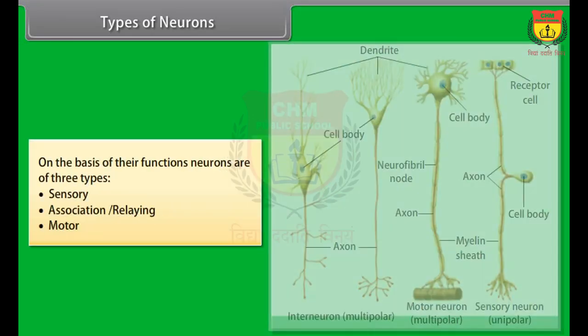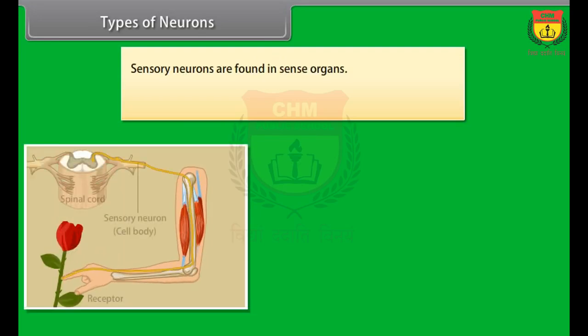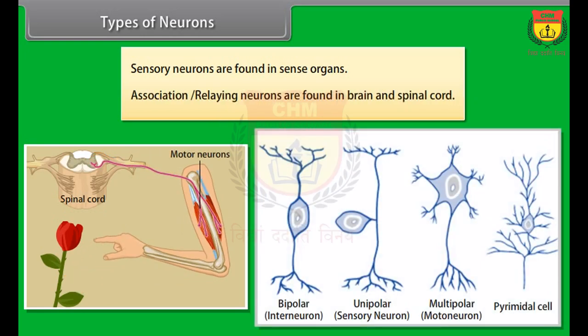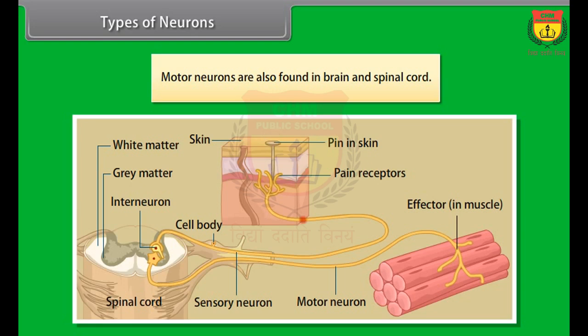Types of neurons. On the basis of their functions, neurons are of three types: sensory, association or relaying, and motor. Sensory neurons are found in sense organs. Association, relaying neurons are found in the brain and spinal cord. Motor neurons are also found in the brain and spinal cord. Functions of neurons.